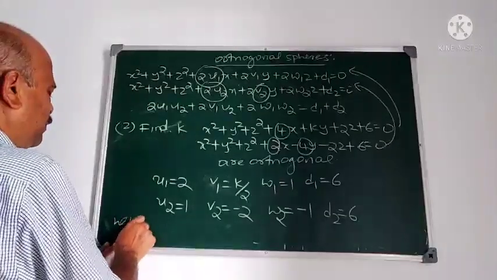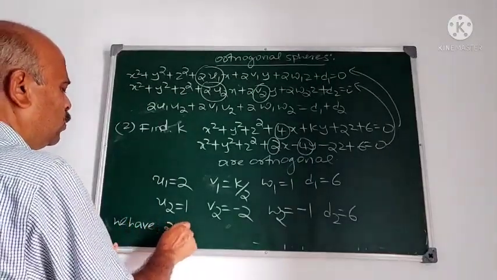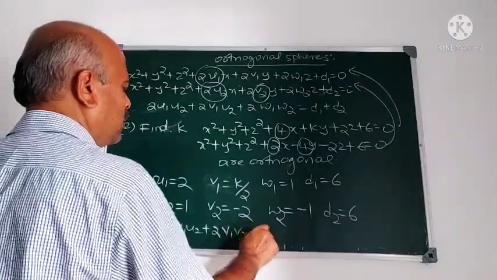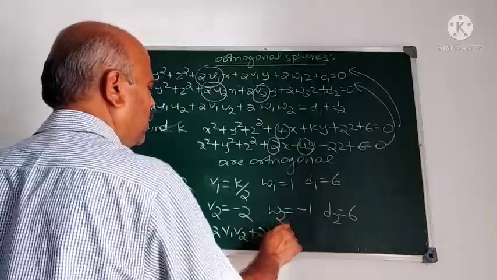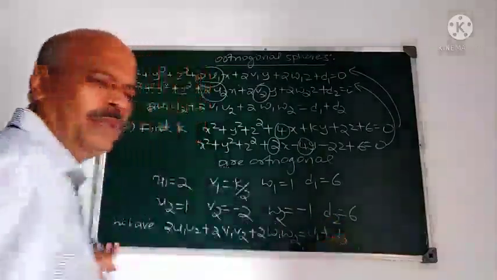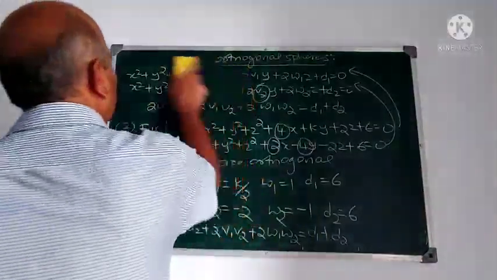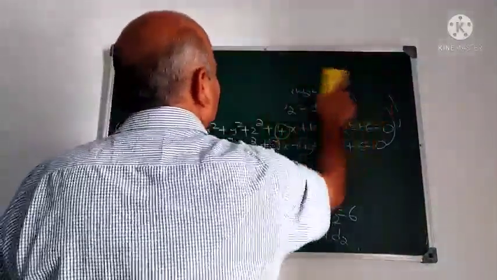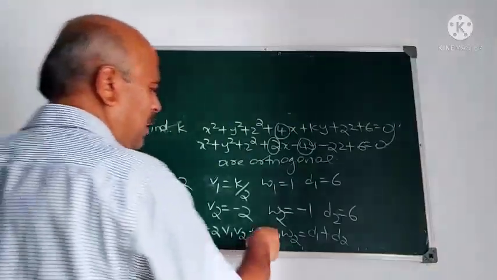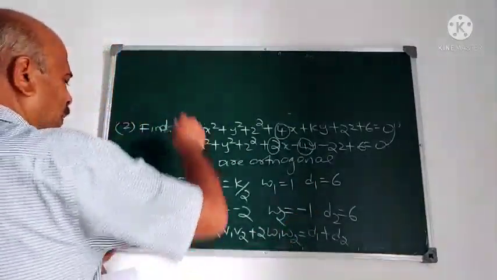We have 2u1u2 + 2v1v2 + 2w1w2 = d1 + d2. This is the condition for two spheres to intersect orthogonally. Now apply the condition here and you will get the value of k.